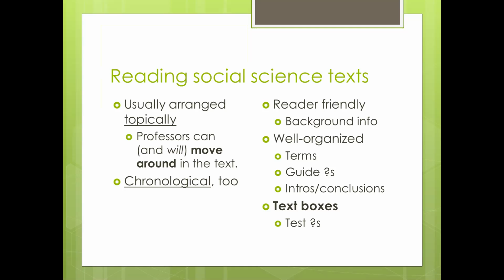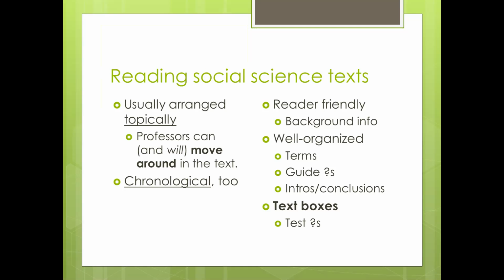Now, even though it's true that they are typically arranged in a topical manner, especially when it comes to history courses, which is a big feature of social science, they can be chronological in nature. And you should be conscientious because just like in this class, your professor may choose to move around in the text to create an order or synthesize ideas in the way that he or she sees best.